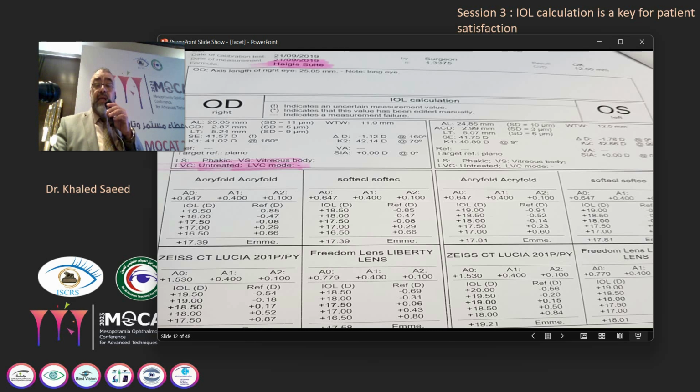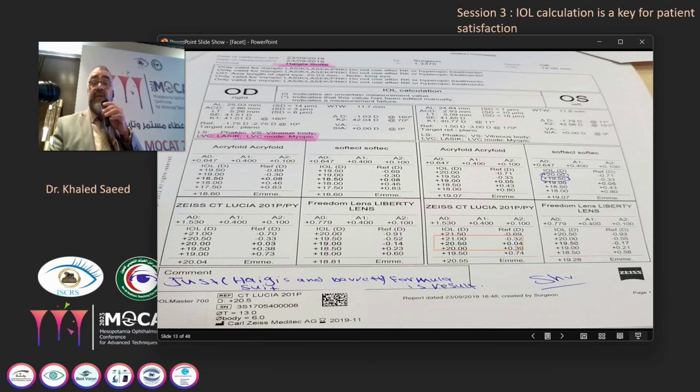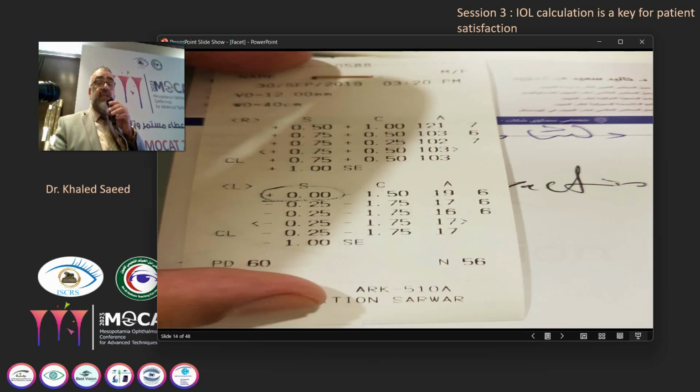Like this patient had myopia, and by his history I know that he had previous eyeglasses, so I put this eyeglass power in this formula, and the only formula that gives you this treatment mode is the Hagis and Parrot formula. And you can see that after the surgery, he had no more refractive error.